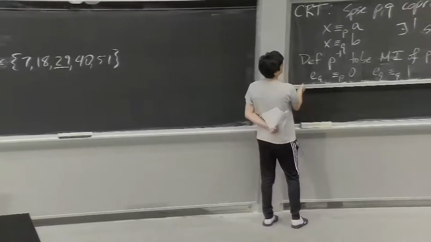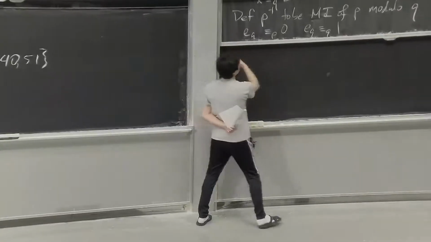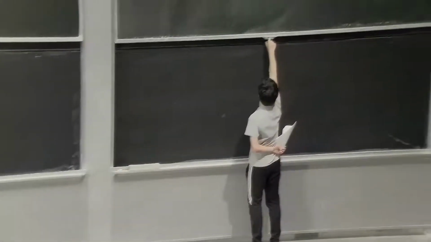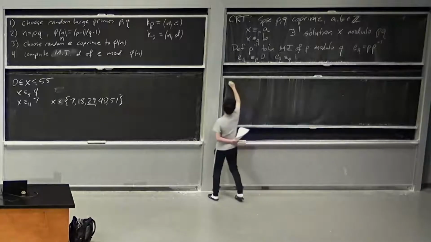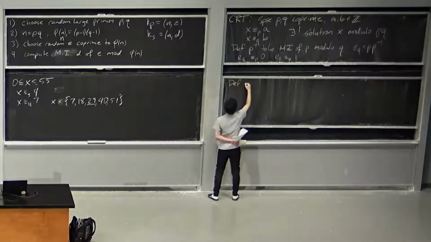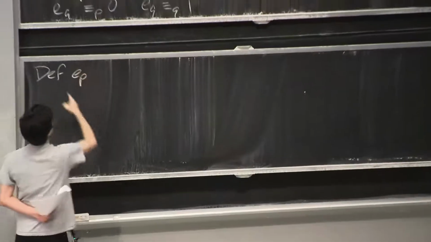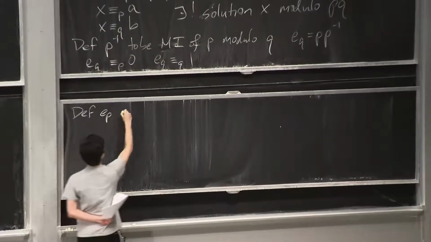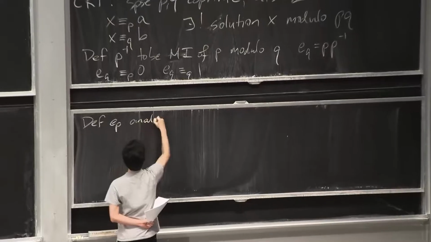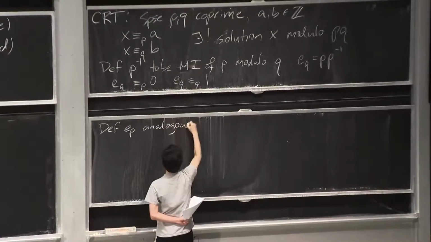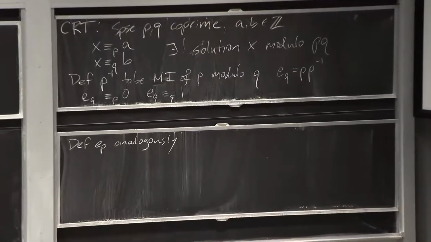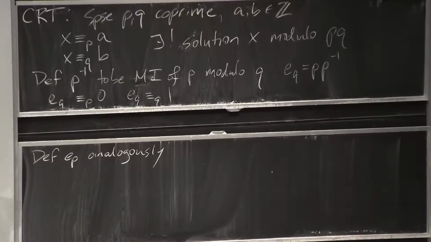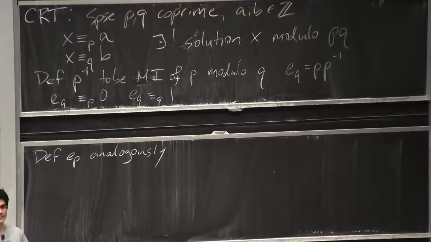So for the more general case, we are going to define E sub p analogously. Now, how do you think we could solve the more general case?